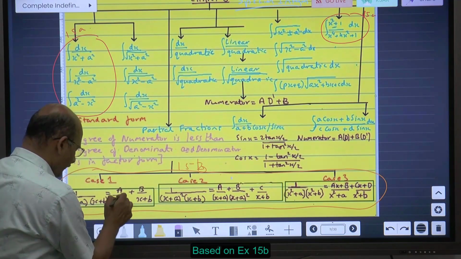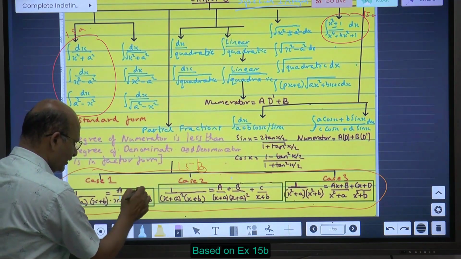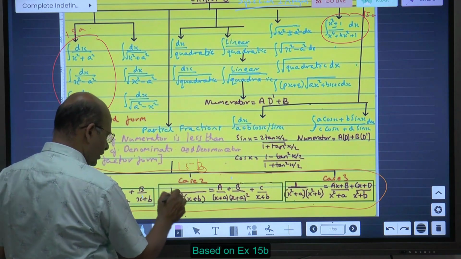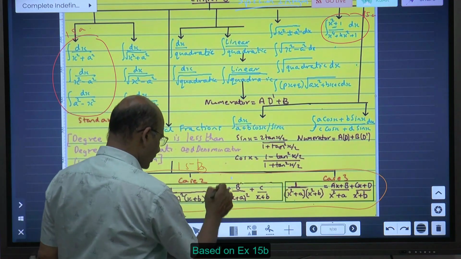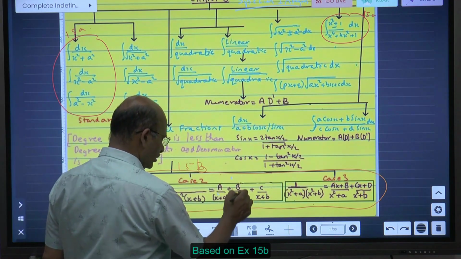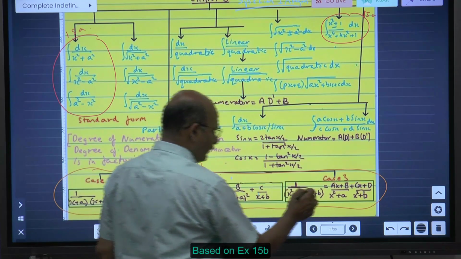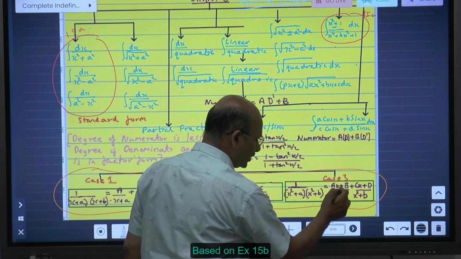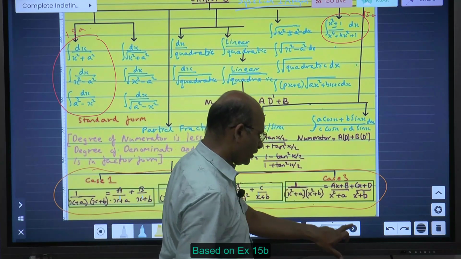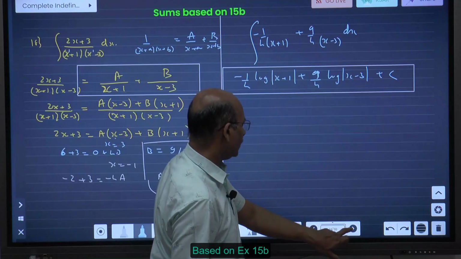For a linear factor, write one constant; when it is a quadratic factor, you write it in the format Ax plus B. So be careful about it, and I'll come back to that.